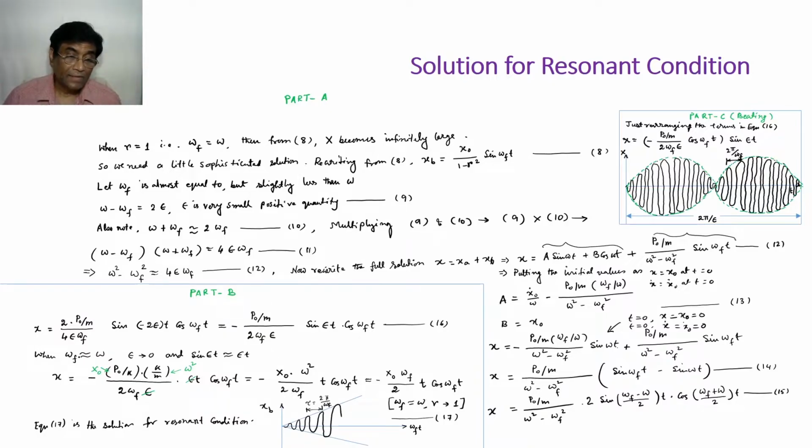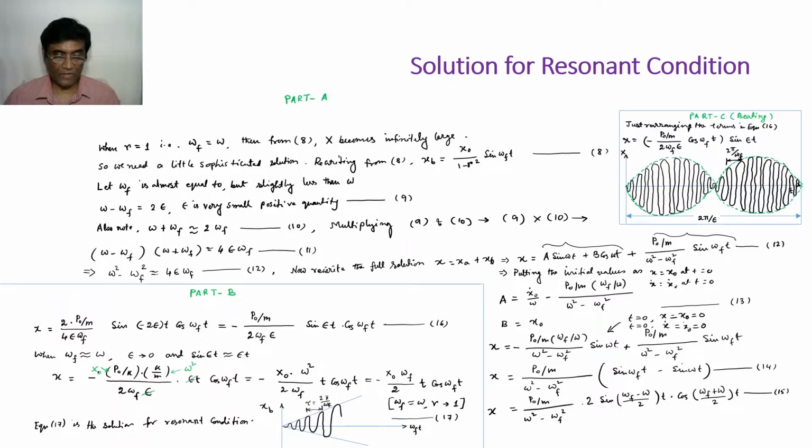Now when omega_f is very near to omega, almost equal, then epsilon will be near 0, a very small quantity, and sine epsilon t can be replaced by epsilon t, and we are rewriting it in this form.